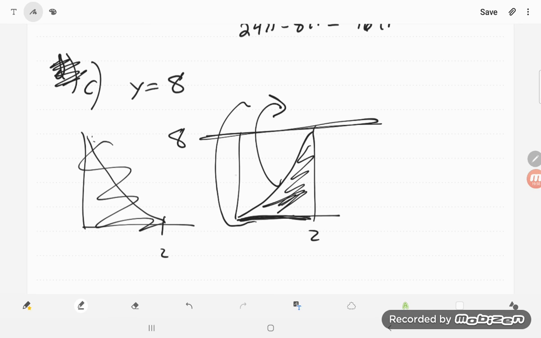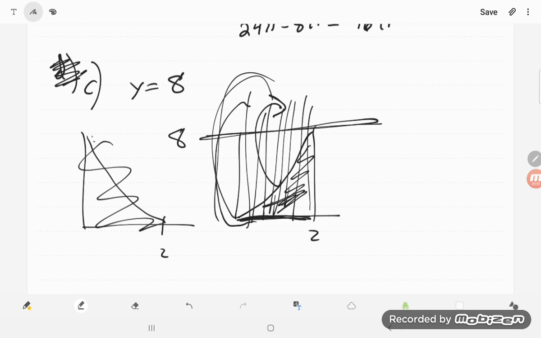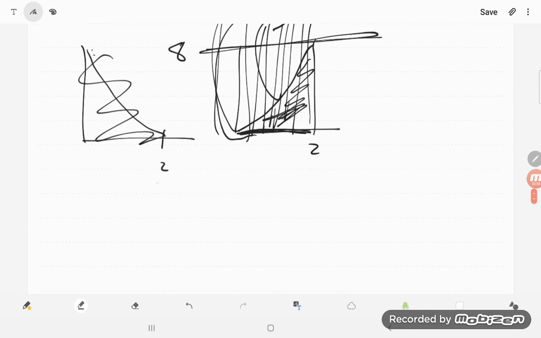Since we're rotating around this way, we're going to slice perpendicular to that, and so that's a dx. So I have the integral from 0 to 2, and I know I need pi r squared. Now, the outside, r is a constant 8.